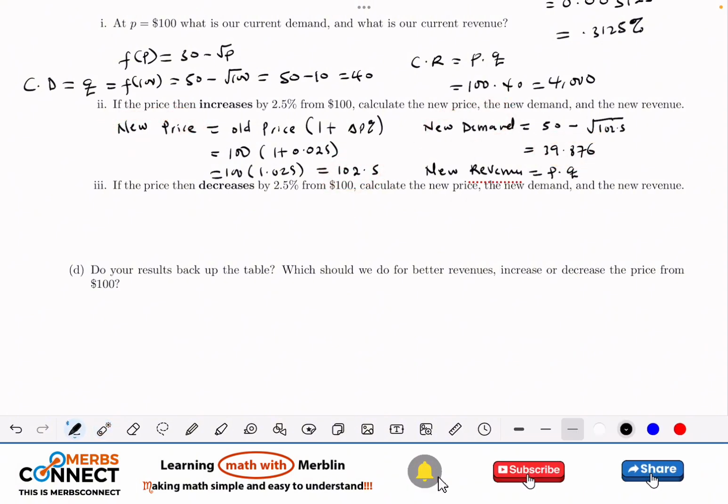So all we just need to do is multiply 102.5 by 39.879. And this is going to give us 4087.27 when you put it on a calculator, right? So that is how we find the new price, new demand, and new revenue.